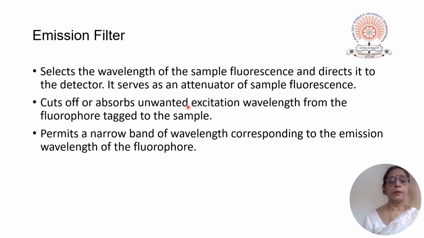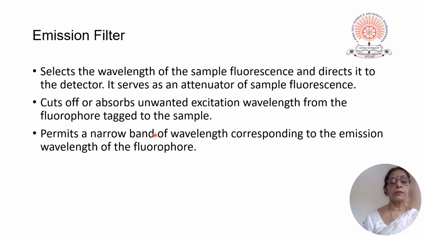In the sample, some areas are stained with the fluorochrome. The function of the emission filter is to catch the fluorescence that is emitted by the fluorochromes from the sample. It selects the in-focus wavelength and holds back the out-of-focus light.